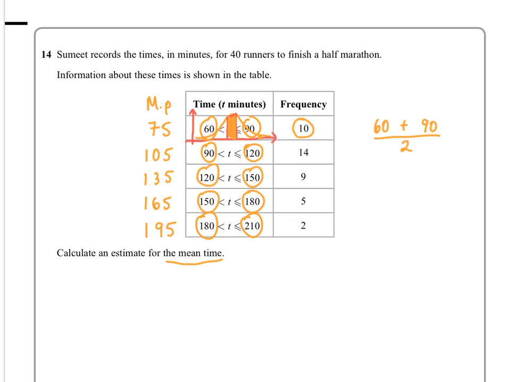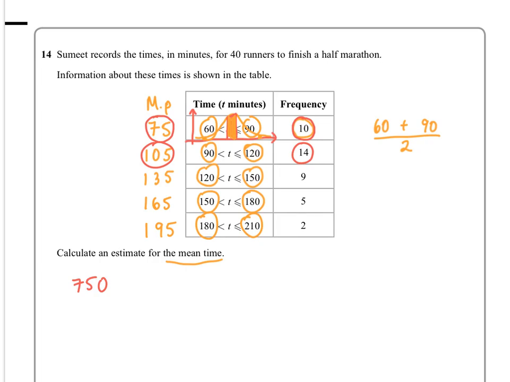So just to get the principle firmly in your head, we're assuming now that 10 of those times were centered around the midpoint. So we have 10 lots of 75, which is 750. We have then 14 lots of 105, which I can do in my calculator.